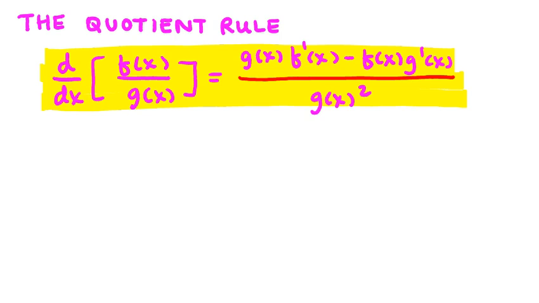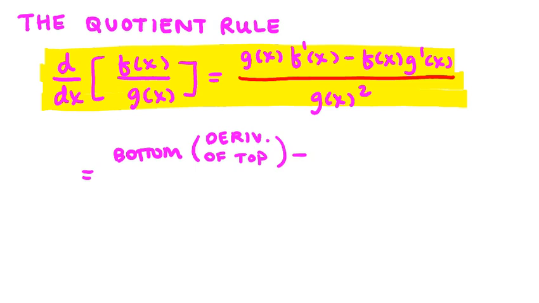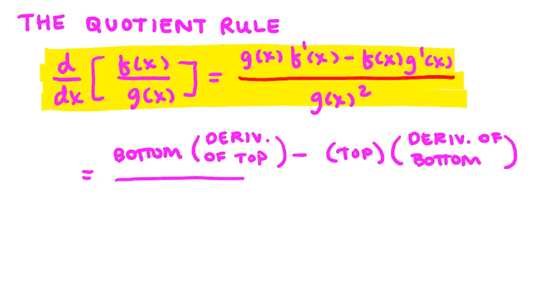But I'm going to write it again. This is equal to the bottom times the derivative of the top, minus the top times the derivative of the bottom, divided by the bottom squared.